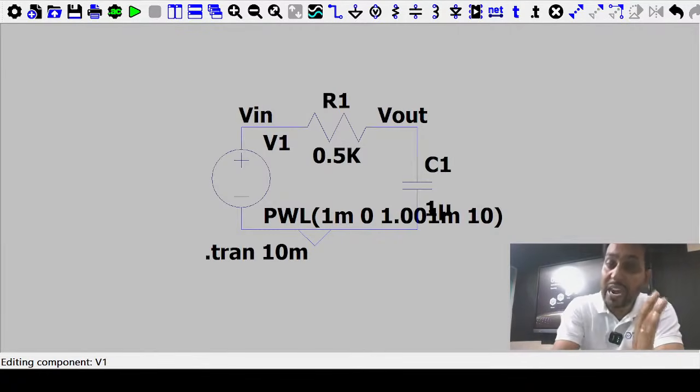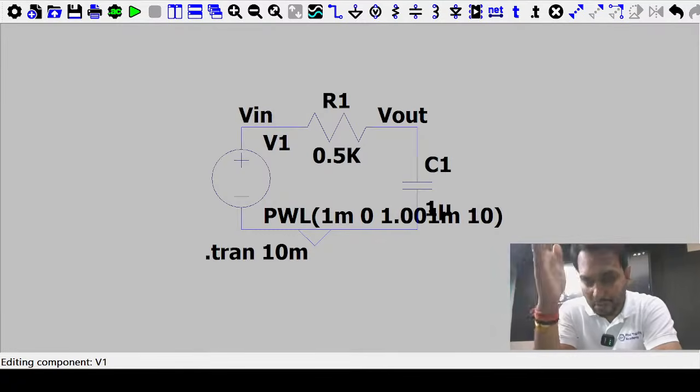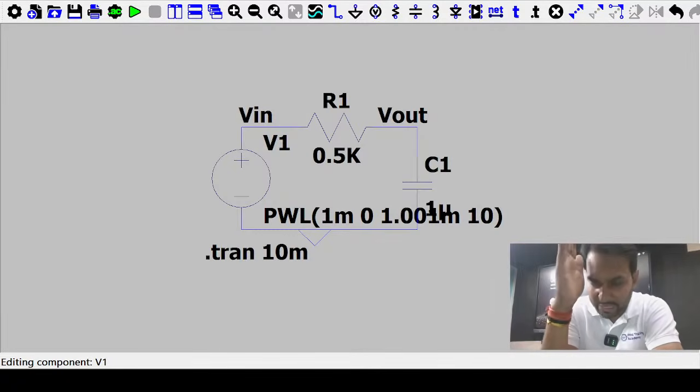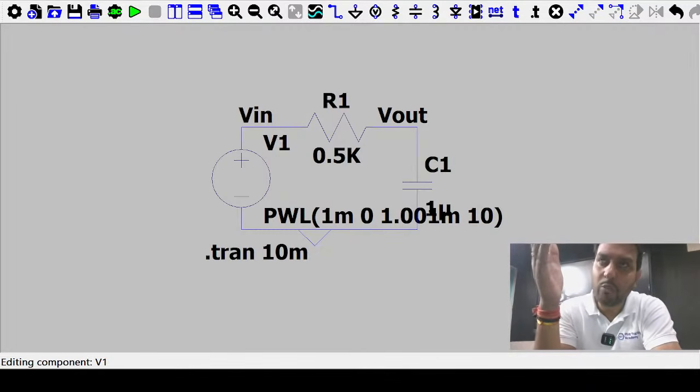In the previous question it was a rising edge, and now you have a falling edge, falling in 1 microsecond from 10 volt to 0 volt. So firstly analyze it this way: you have a constant 10 volt and it is 0 after T1 millisecond.